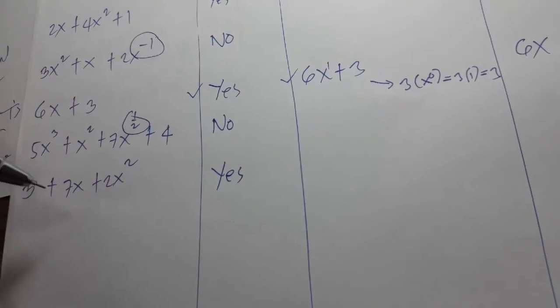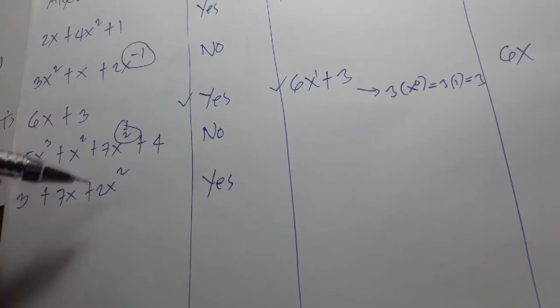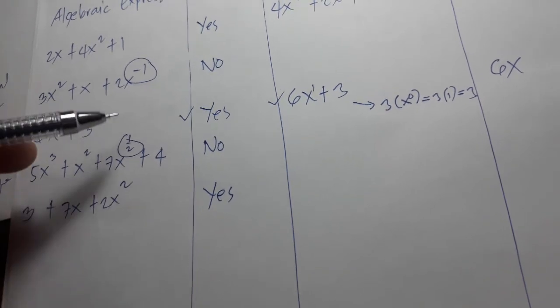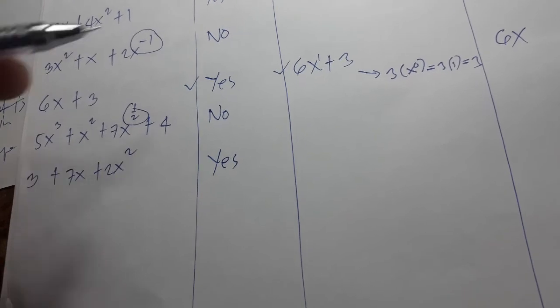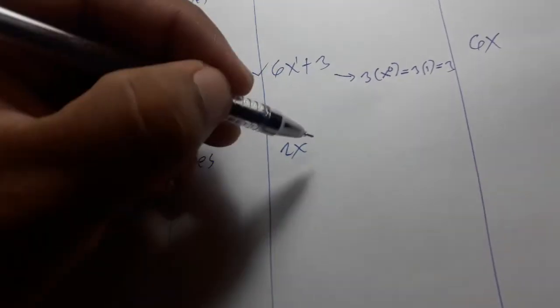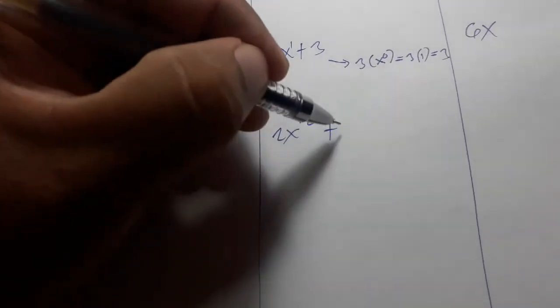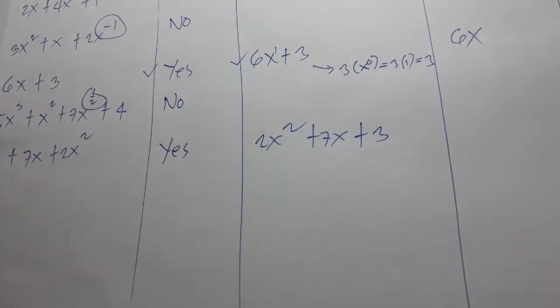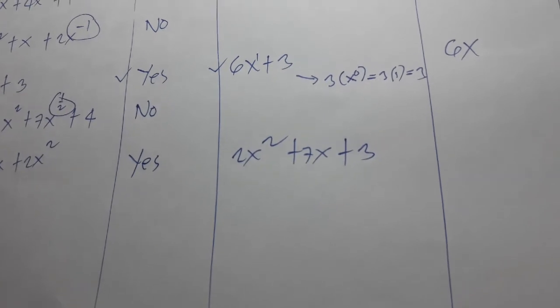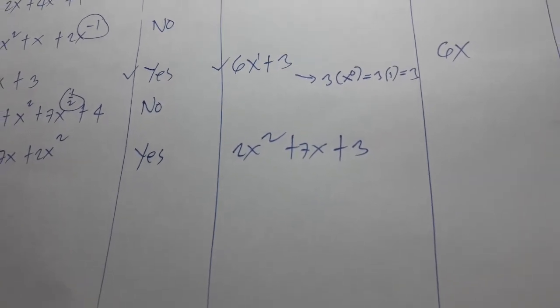Is it written in standard form? I think it's not in standard form. So how do we make it standard form? First, we write the leading term: 2x squared plus 7x plus 3. Do you follow? What is our leading term?